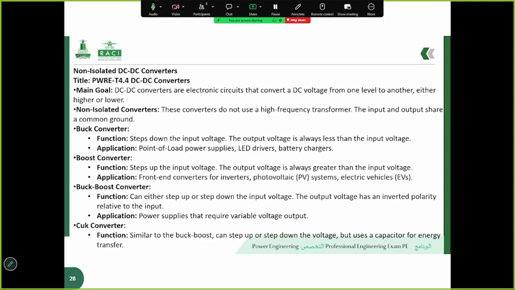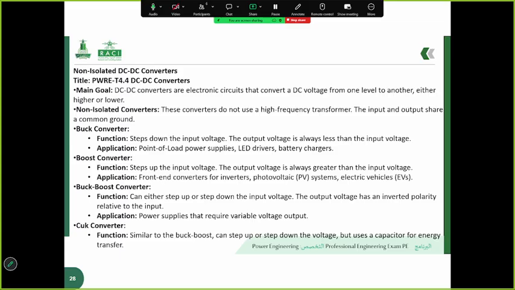This type of converter is widely used in applications like point of load power supplies in digital circuits and LED drives, where a lower regulated voltage is needed from a higher source.